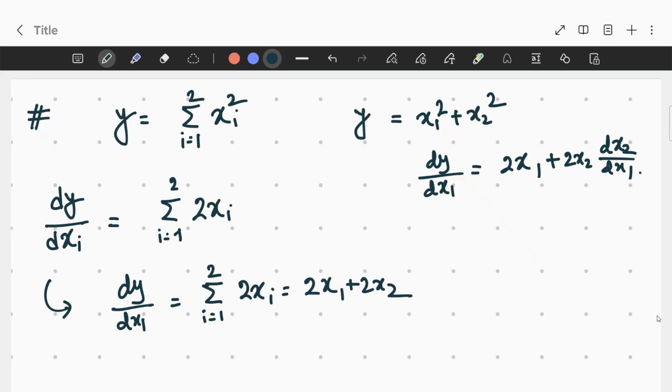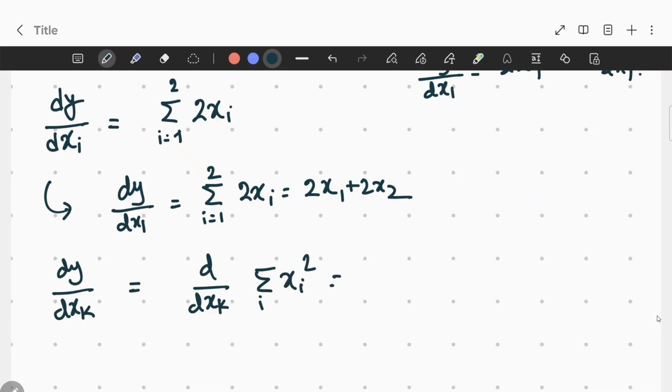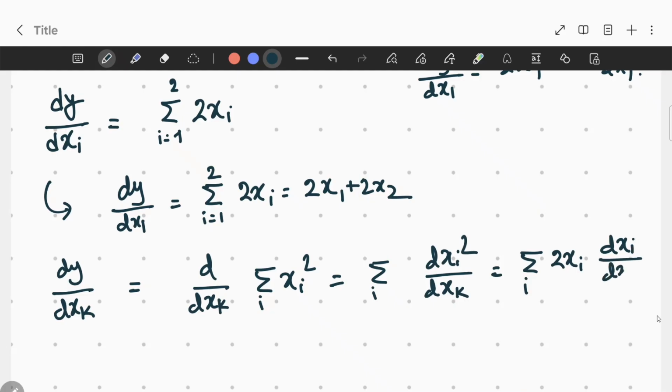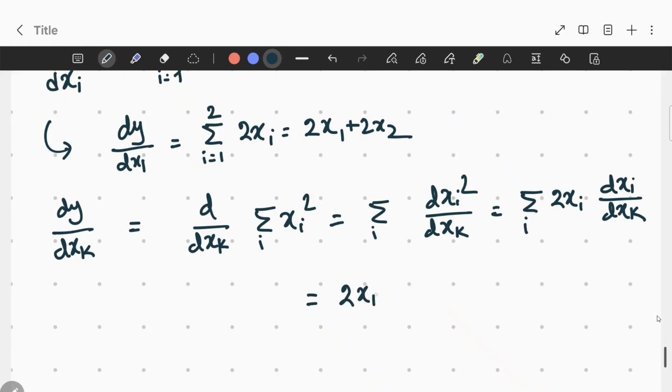Now just take the derivative dy/dxk. Using another notation, xi and xk are the same thing, just a dummy variable. Then it is d/dxk of the sum over i of xi square, so the sum over i of 2xi dxi/dxk. Now open it.